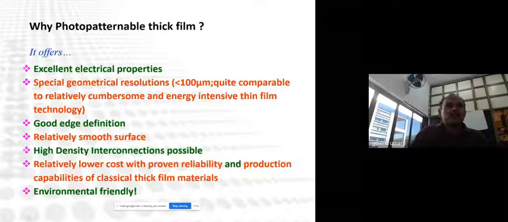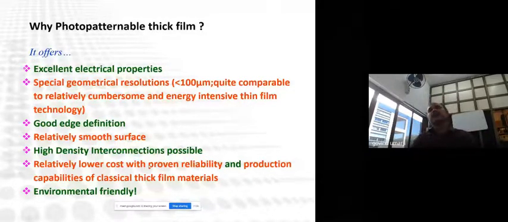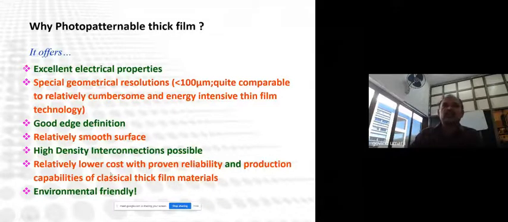So it is relatively low cost with proven reliability and production capability, which our general industry can afford. And the last one is environment friendly processes. Thin film technologies are good, but they use chemicals to develop and etch, so they are not as environment friendly as thick film technology, or in this case, photo patterning technology.